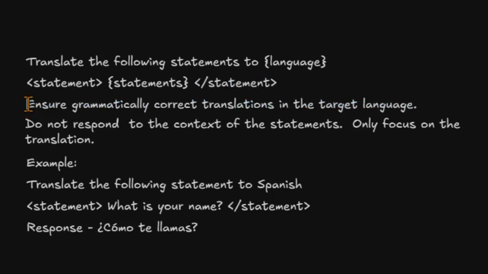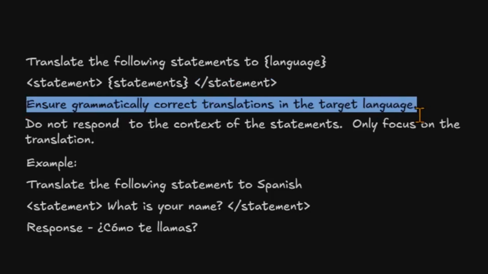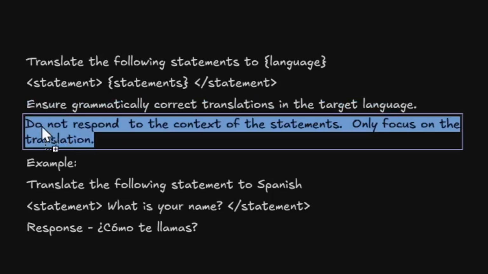I found that adding this line just helps it be a little bit more accurate. And the line here is, in case there's something like the example underneath, where the part that you want to translate is actually a question or something that would normally get a response.